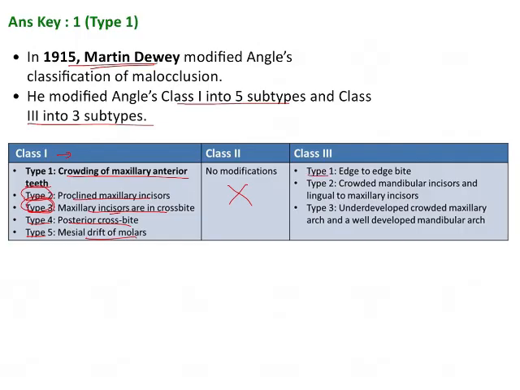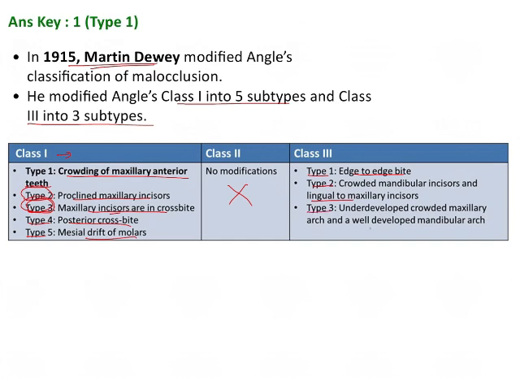Type 1 is when there is an edge to edge bite. If you see the upper and the lower arch individually, they are in normal alignment, but when they are placed in occlusion, the bite is edge to edge. Now type 2, here the mandibular incisors are crowded and they are placed lingual to the maxillary incisors. It means the incisor relationship or the horizontal relationship is normal. There is no crossbite that is seen.